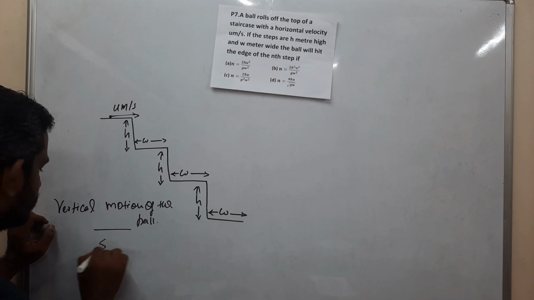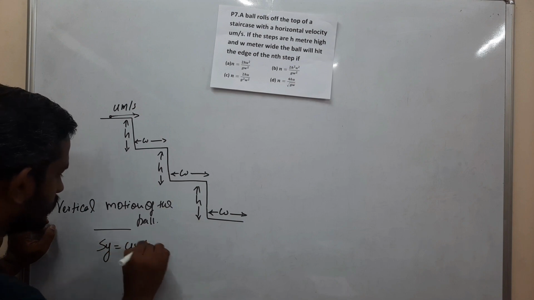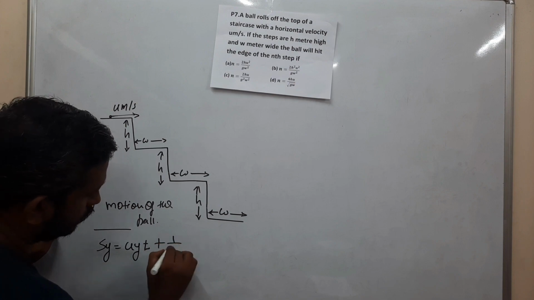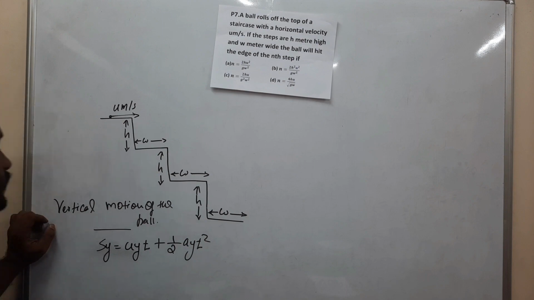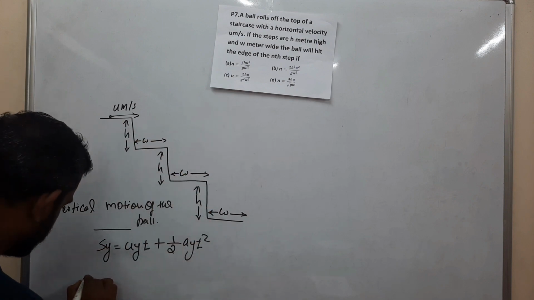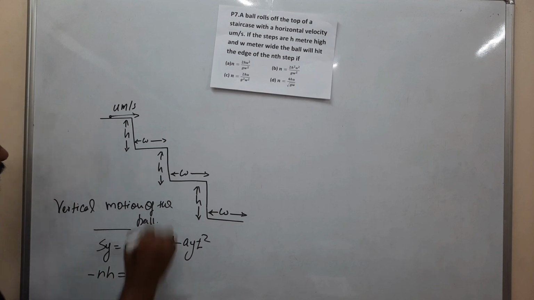we can write Sy is equal to Uy t plus half Ay t square. Sy means minus nh, equal to Uy, the initial vertical velocity, that is 0.